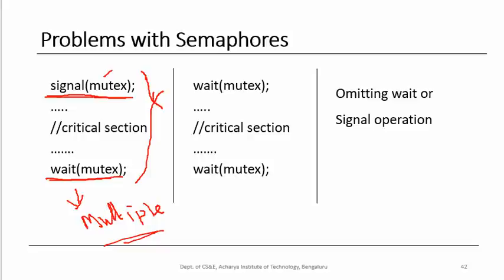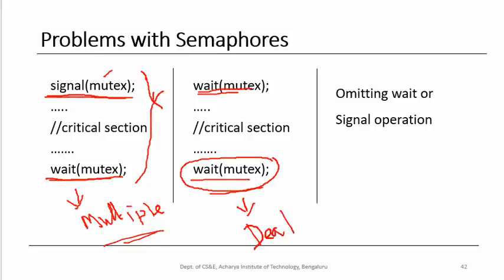Sometimes what may happen is that instead of signal, the programmer might write wait. So there is one wait here, there is one wait here. So processes could get into a deadlock in this case. So we'll have to be careful when we are using the wait and signal operations.